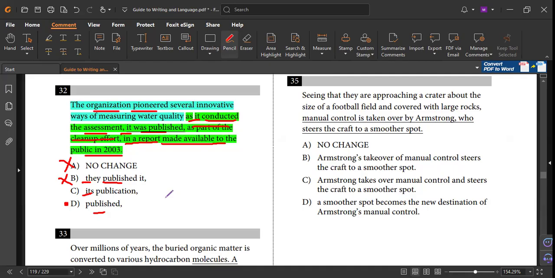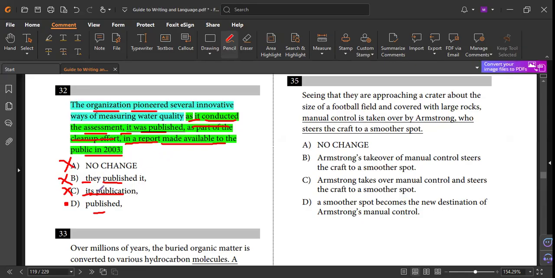Imagine. That's why if I describe the assessment as its publication in a report, it's not clear. And you describe the assessment as a publication. Do you feel it? That's why. Okay. So here, letter C, it is wrong.